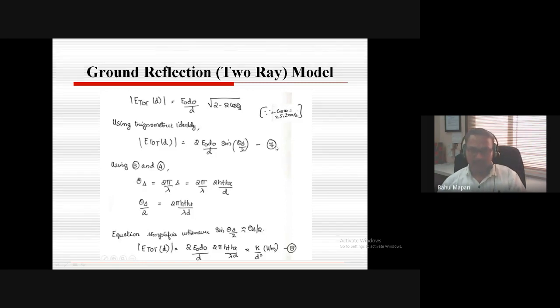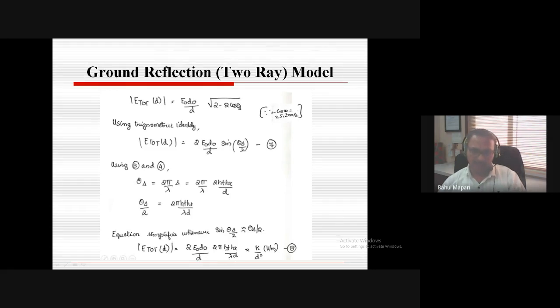Now equation 7 becomes 2E0 D0 by D, and this theta delta by 2 is nothing but 2 pi HT HR upon lambda D. Here I replace this value with 2 pi HT HR upon lambda D. Now if we take the multiplication, it becomes 2 into 2, 4, E0 D0 pi HT HR upon lambda D square.